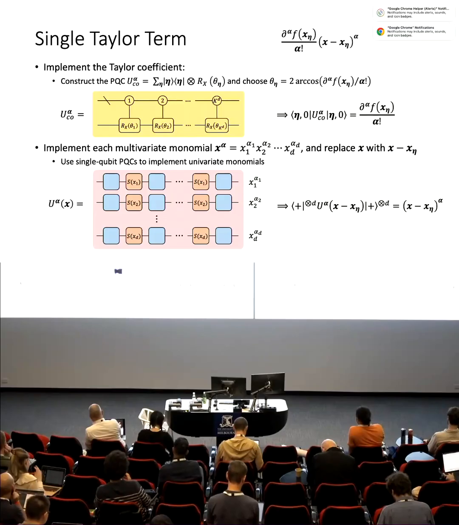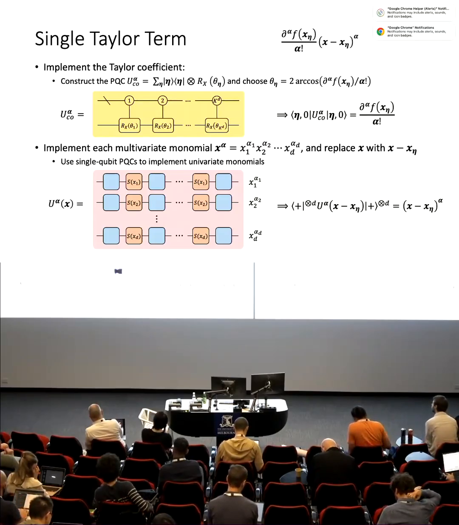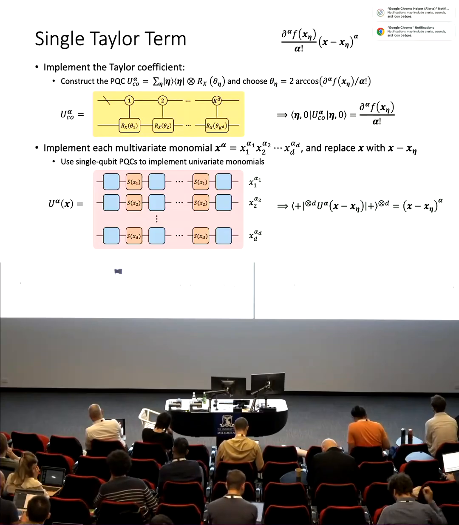And the next step is to construct the single Taylor term using the PQC. The first is to implement the Taylor coefficient. Remember, we saw before we have K to the D hypercubes, which means we have K to the D different Taylor expansions, which means we have K to the D different Taylor coefficients.